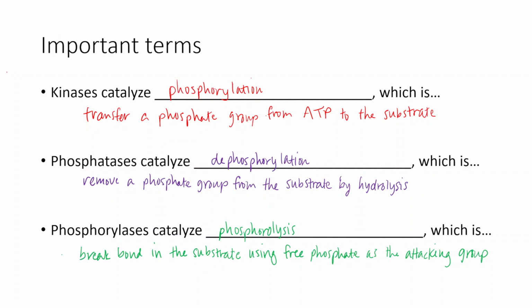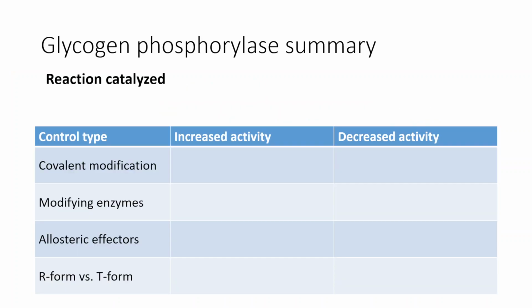And phosphatases are also breaking a bond, removing a phosphate group by hydrolysis. Hopefully you will all remember that, because we're going to be talking about enzymes that do all these different things. If you don't understand what they're doing, it will make all the material really confusing. So that's why we need to know this.